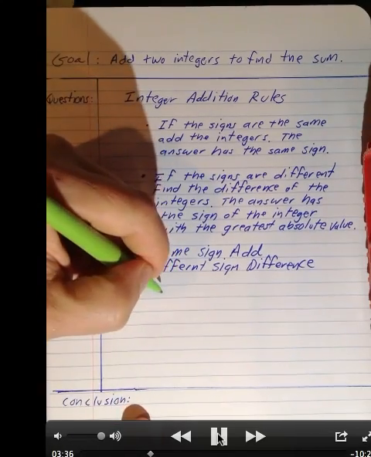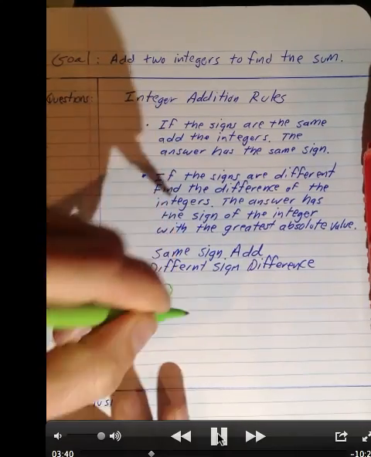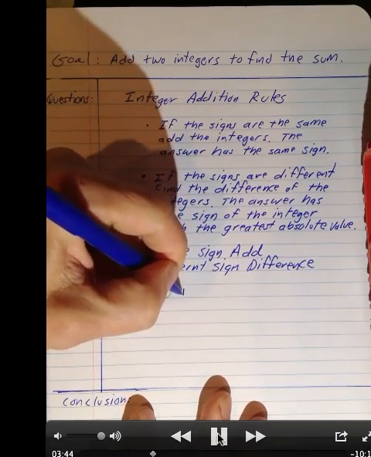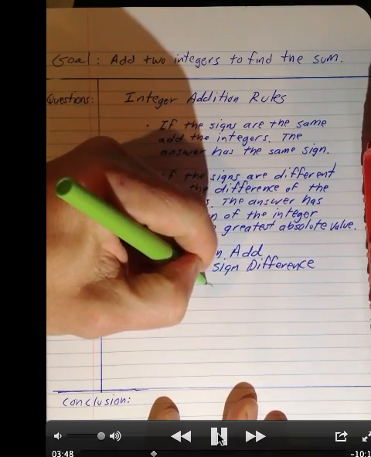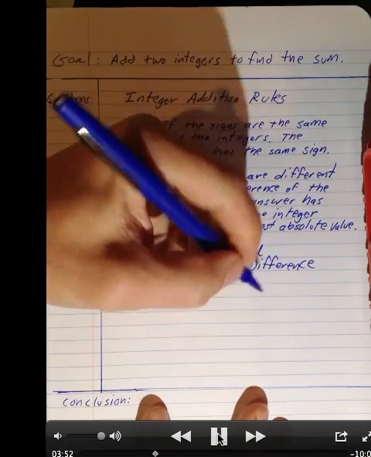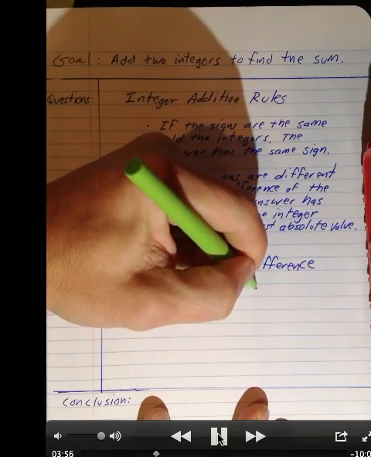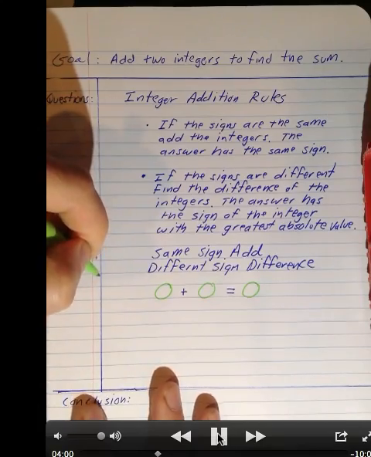And I'm going to represent positive numbers with green, negative numbers with red. And we're going to make a graphic. So a positive plus a positive is going to always be positive.